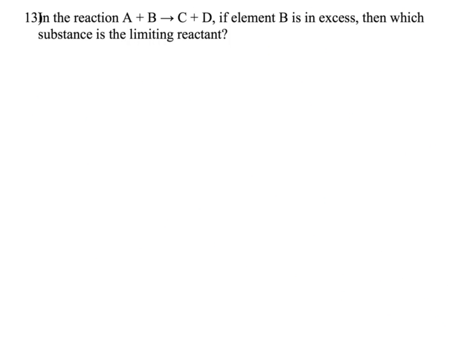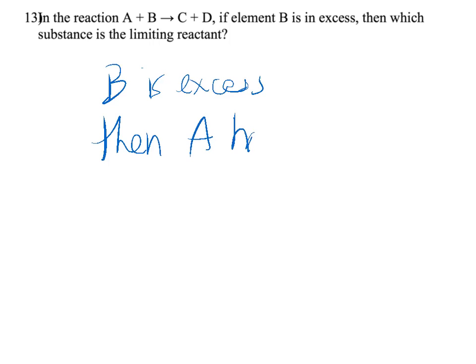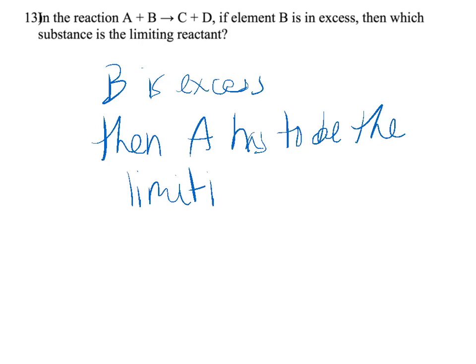Alright, 13. This is a very quick and easy problem. It says you've got a reaction of A plus B yields C plus D, and it says if B is in excess, which substance is the limiting reactant? Well, very simply, if your B is in excess, then A has to be limiting, because it's the only other reactant you have.